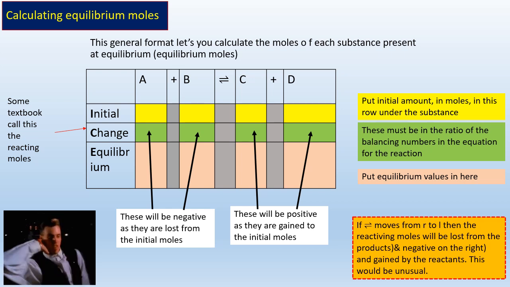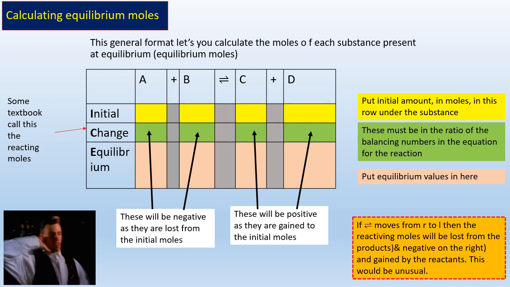We have our reaction at the top, and underneath we note down our initial amounts in moles. Quite often A and B will be some number and C and D will be 0, because we don't have any product at the start of the reaction.